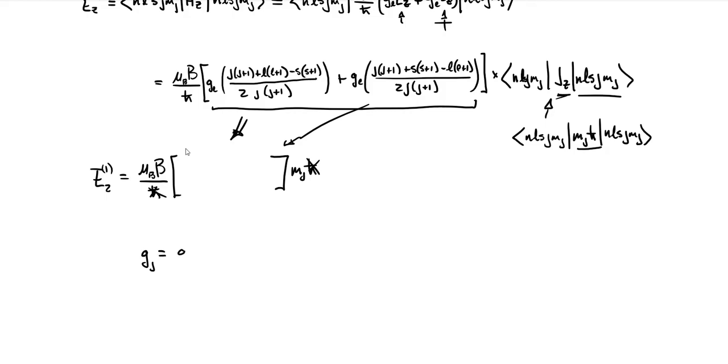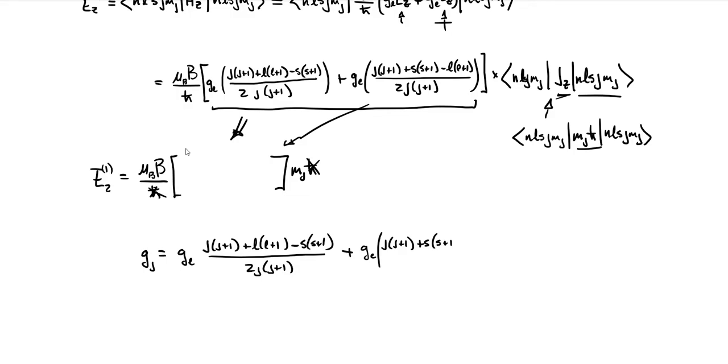And it is equal to, GL, J plus 1 plus L plus 1 minus S plus 1 all over 2J plus 1, plus GE, J plus 1 plus S, S plus 1, minus L, L plus 1, all over 2J, J plus 1.